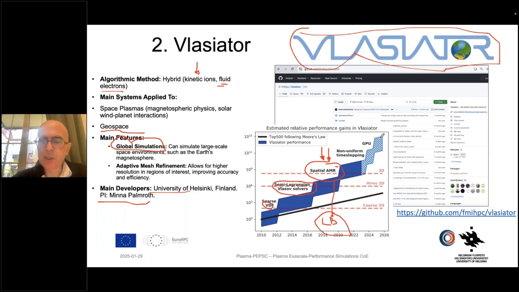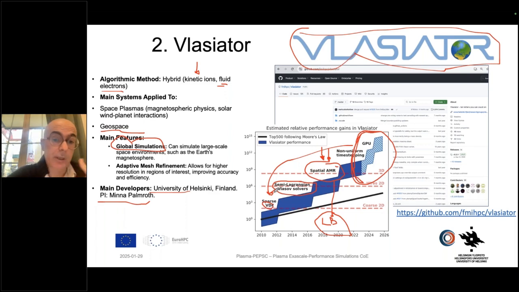The other major advancement that we are working on in Plasma-PEPSC is really the GPU part. There's quite a lot of work on handling GPUs. In this case the GPU work is mostly related to how to deal with the VDF, how to have a specific data layout on the GPU that's still high performance.